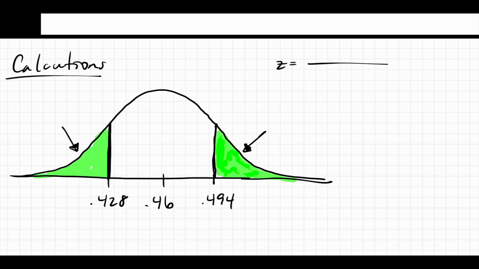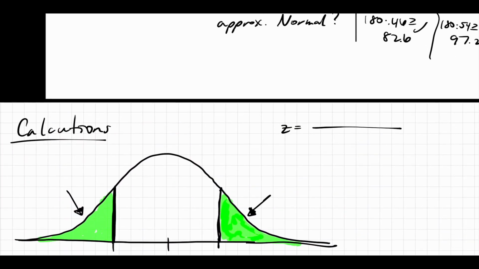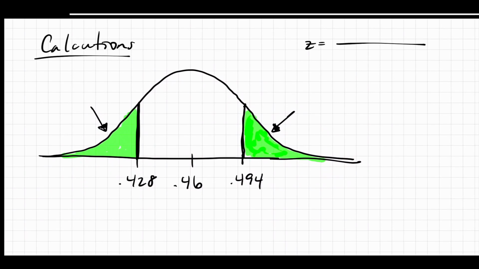So let's use our formula. Our formula was p hat, 0.428, minus the claim, which is 0.46, over the square root of p times 1 minus p, over n.